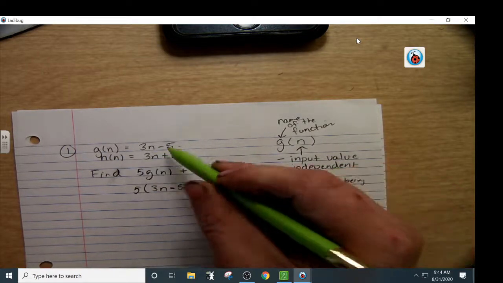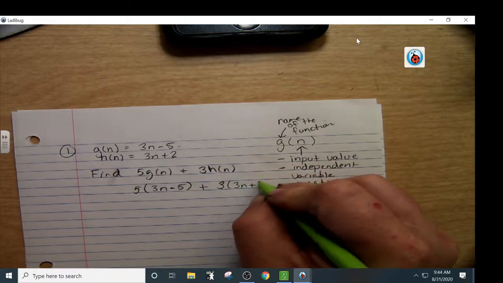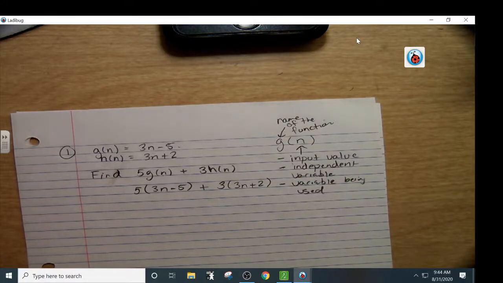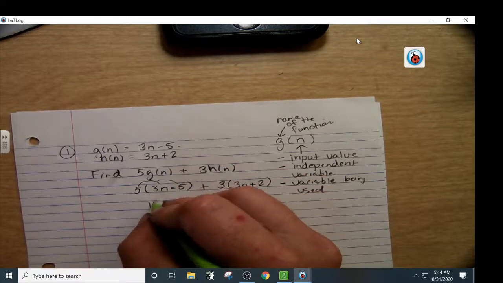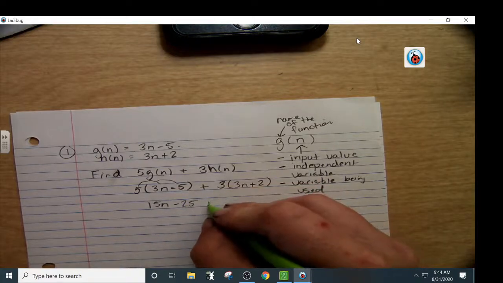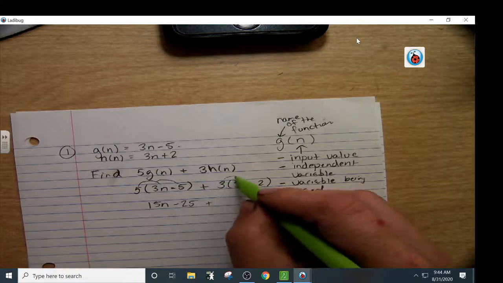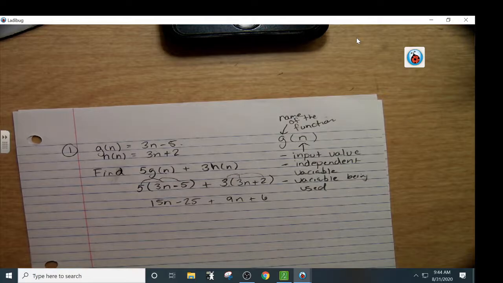Well, here's h of n, so it's going to be 3 times (3n plus 2). All right, so now, guys, it's just order of operations. So you're going to distribute here, and distribute here. All I did there is distribute.